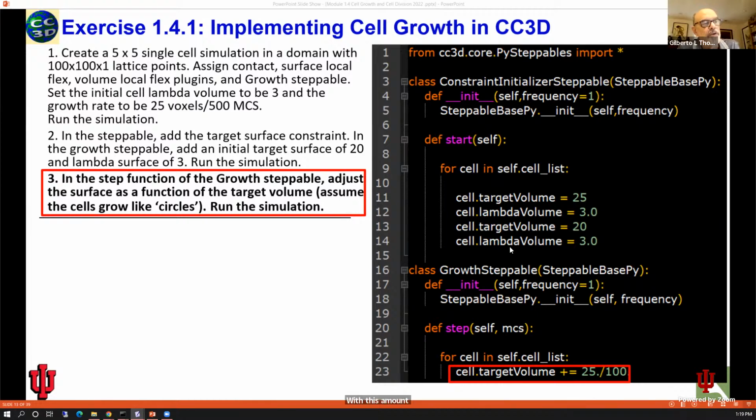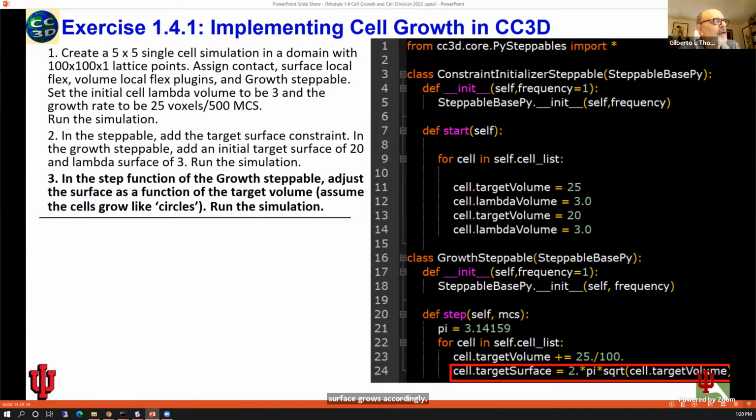And so far in this image here, the cell target surface is constant. So you have to allow the target surface to grow accordingly with the target volume. This is what we have to include.